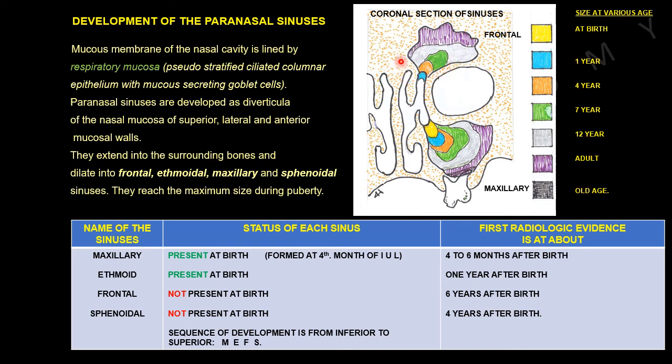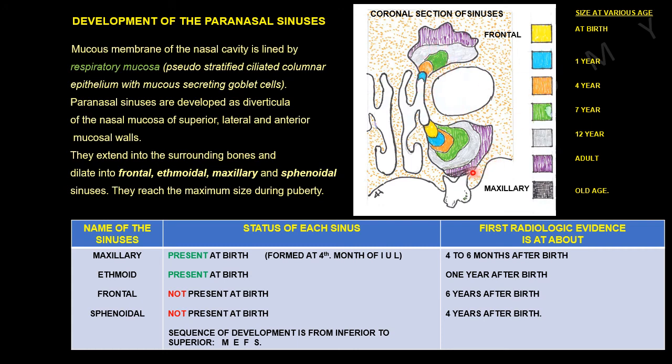This is the frontal sinus, and this is the maxillary sinus. In the frontal sinus, there is no yellow, which means it is not present at birth. But it has blue, so it is formed at 1 year of age. Green up to here shows that at 7 years it is about this size.